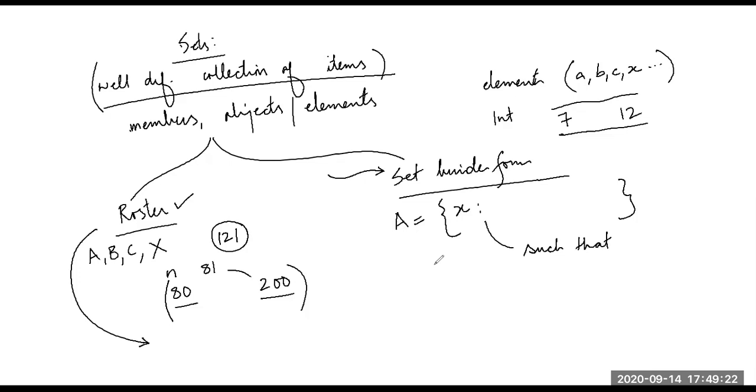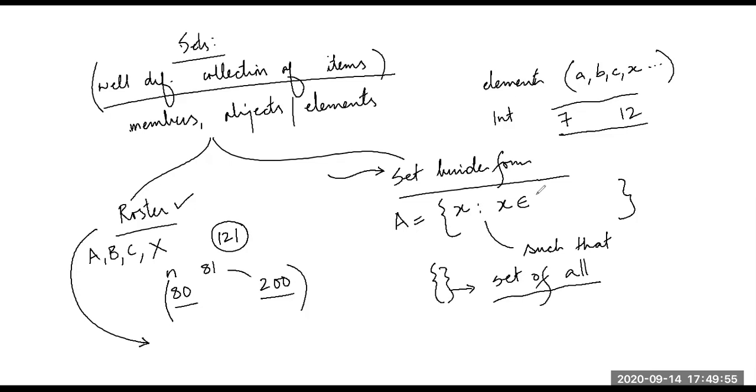And these braces are to be read as set of all. So set of all x such that, now I'm going to define how x is there. So x belongs to integers. So what is the notation for integers, Ishma?